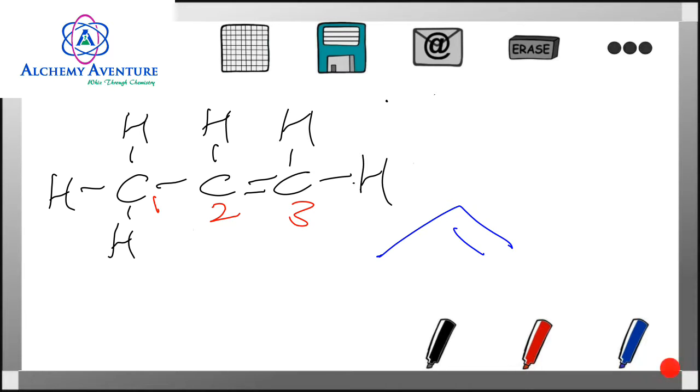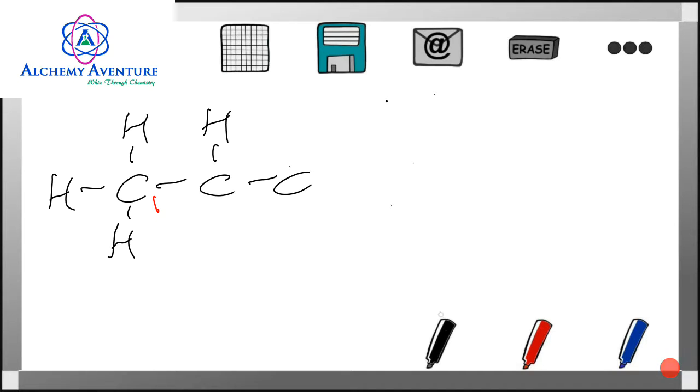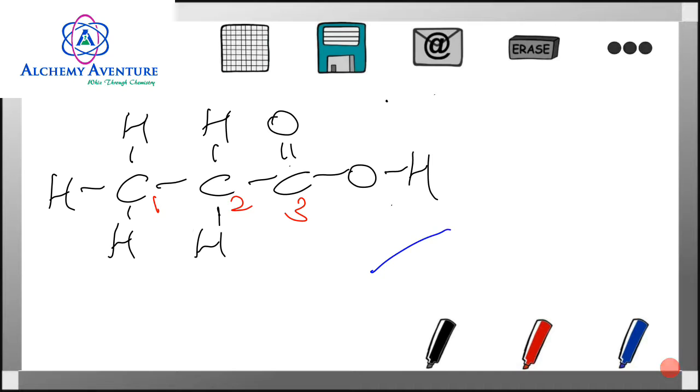Let's look at another example which involves a carboxylic acid. Let me erase this. So here we have a carboxylic acid. So same thing, we always count the total number of carbon atoms first. So there are 3 carbon atoms. So 1, 2, 3.